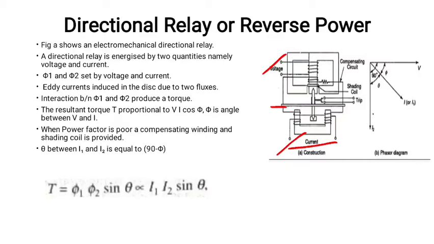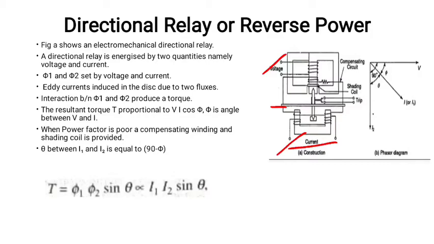Now the spindle of the disc carries a moving contact which is going to bridge two fixed contacts when the disc has rotated through a preset angle. Now the directional relay is energized by two quantities, voltage and current.